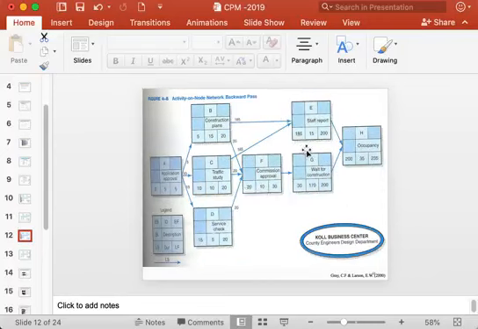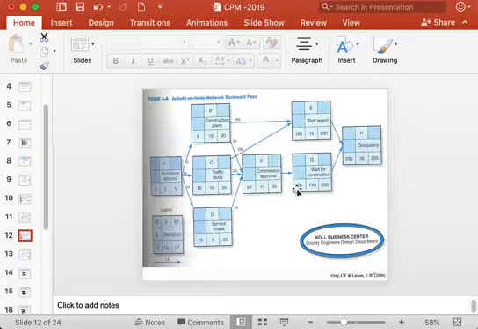Okay, so now activity G can start latest by 30 days, which we get after subtracting 200 minus 170, 30 days. For activity G, it must start after 30 days.